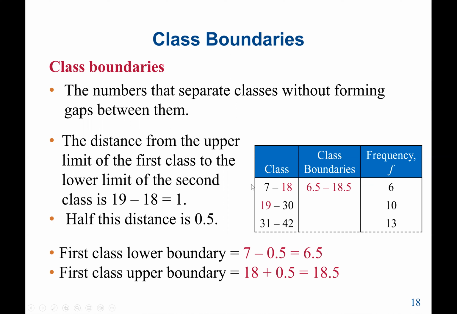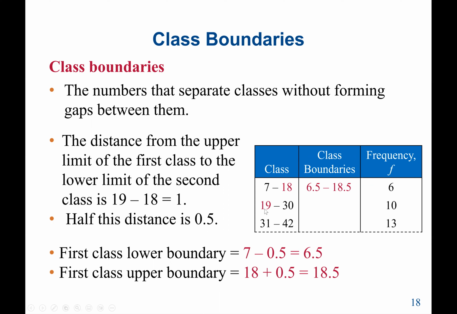We subtract 0.5 from the lower limit, so 7 minus 0.5 gives 6.5, and we add 0.5 to the upper limit, so 18 plus 0.5 gives 18.5. So the first class lower boundary is 6.5 and the upper boundary is 18.5.